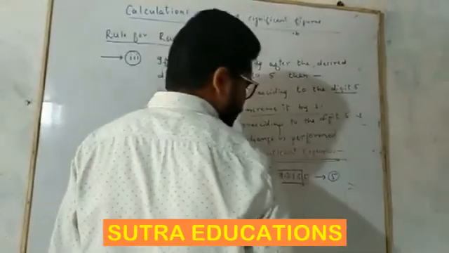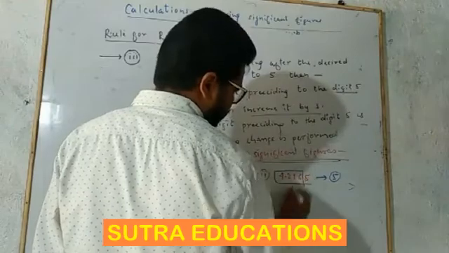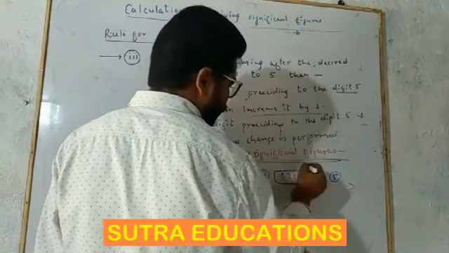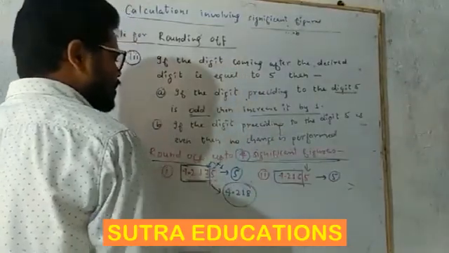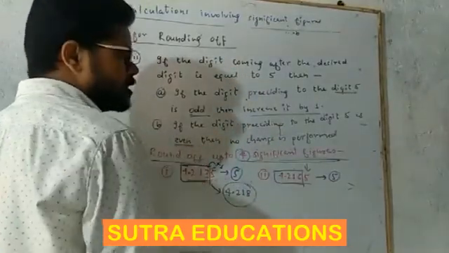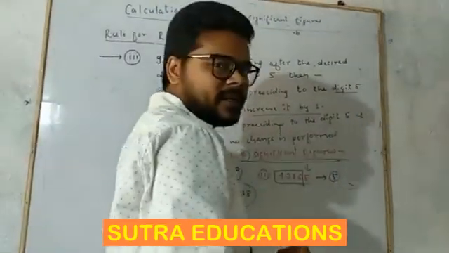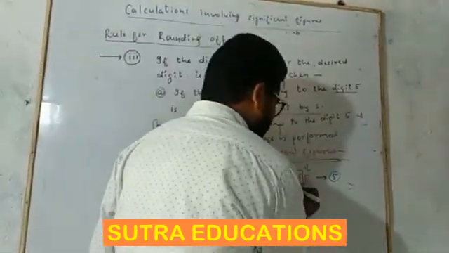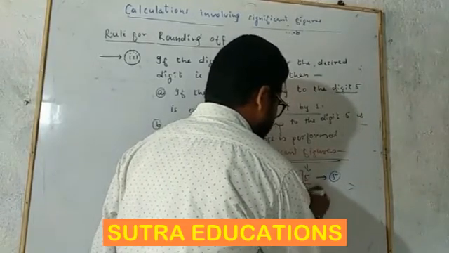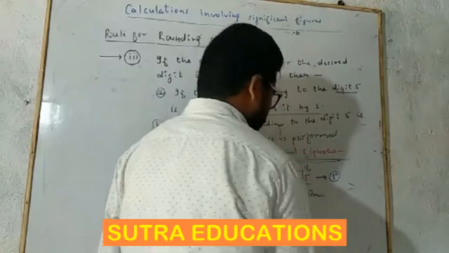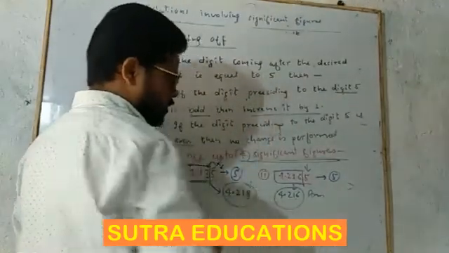And this time the desired digit is up to this 6, and after this 5 is coming, and rule B says if the digit preceding the digit 5 is even, then no change is performed. So we are not going to add or subtract anything. We will simply write 4.216 and it will be our answer, 1 2 3 4 significant figures.